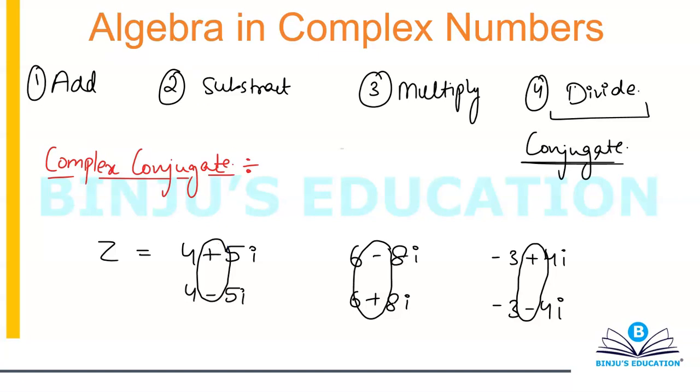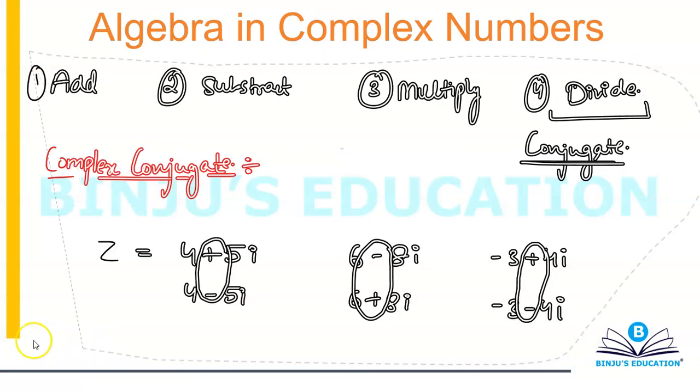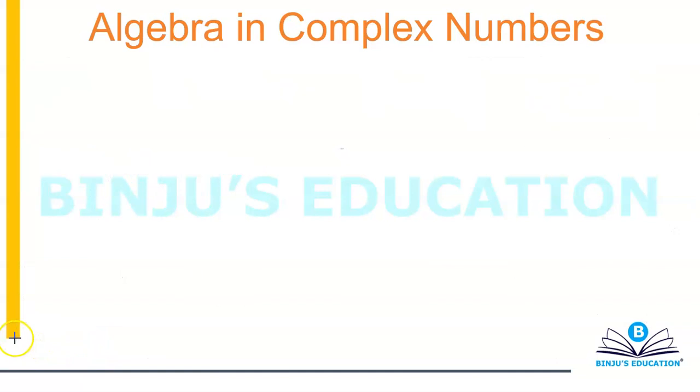Alright, now let's come to the division part. The question is: evaluate 1 over 2 plus iota, or they'll say find the equivalent form of 1 over 2 plus iota.